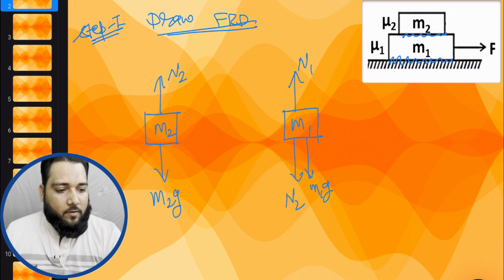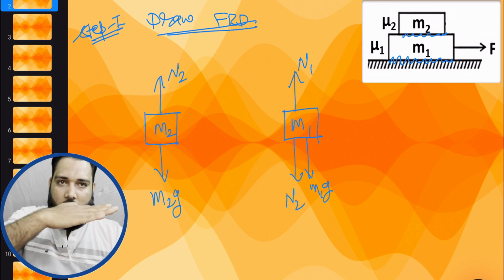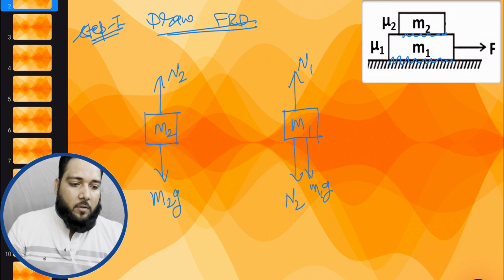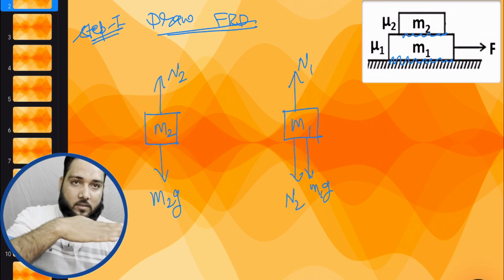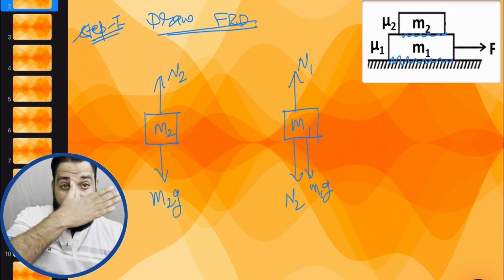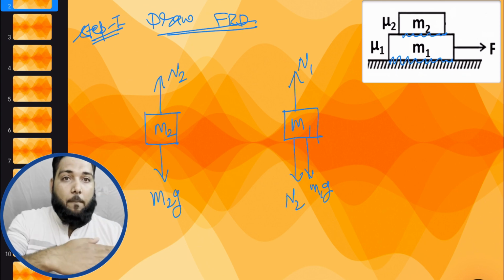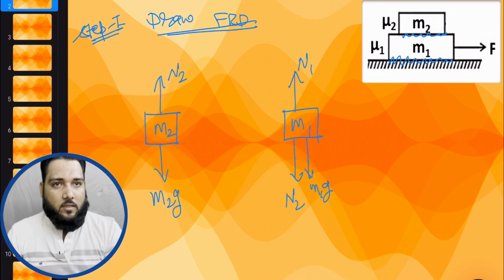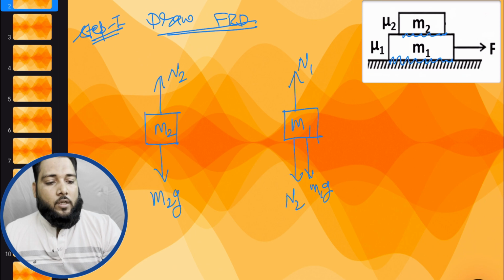You can see M1 tries to move in the right direction, the forward direction. With respect to the ground, M1 is moving to the right. So the friction will be opposite to the relative motion, with respect to the ground we are talking about.